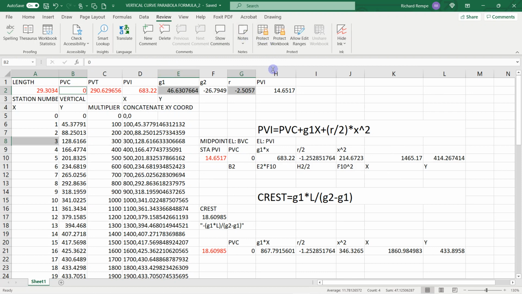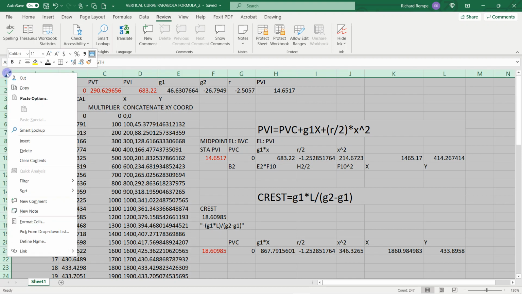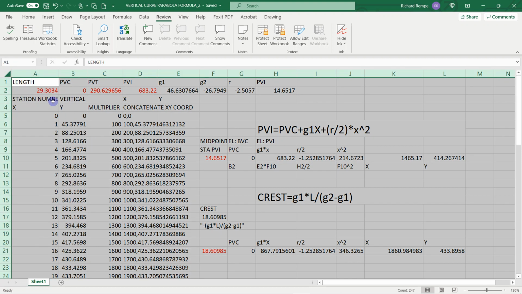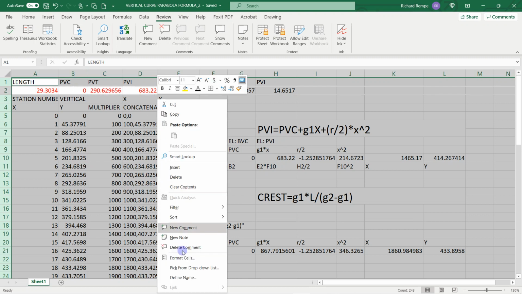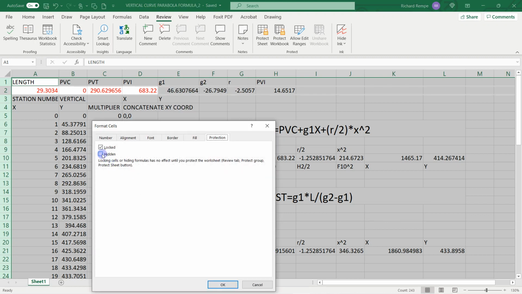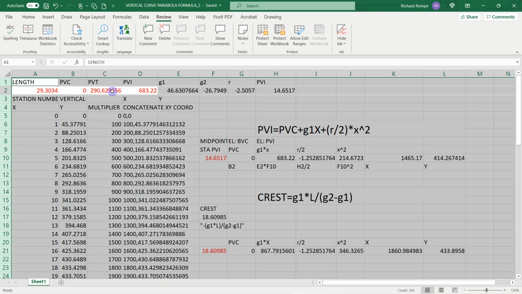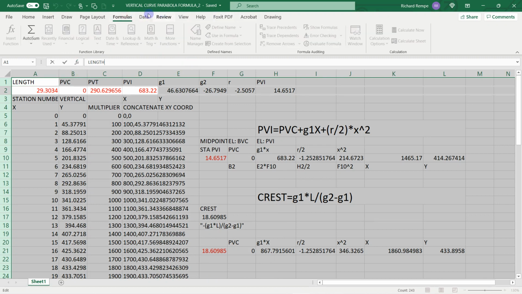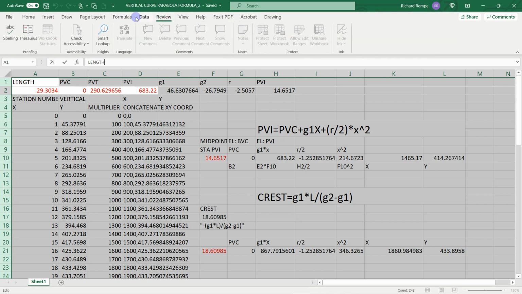So I'm going to unprotect it, actually, and then I want to show you something else. So I could do, let's say, right here, left click, and then right click. Let me uncheck these because these are variables. Now right click on the gray, Format Cells. And you could click Hide too. So click OK, and then come up here, Formulas, Data Review. I think I need to uncheck that.